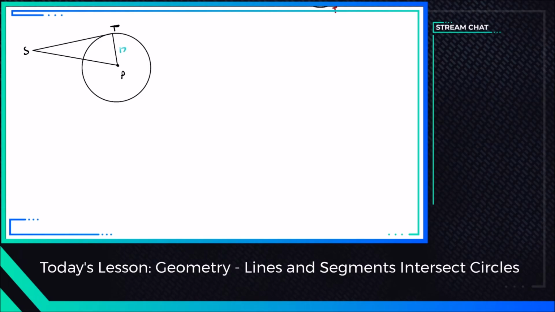TP is going to be equal to length 12, TS is going to be equal to length 35, and SP is going to be equal to length 37. So how can we verify that ST is tangent to circle P?